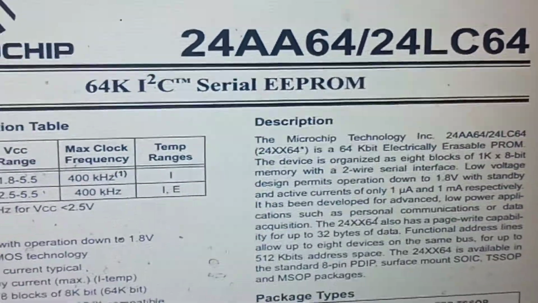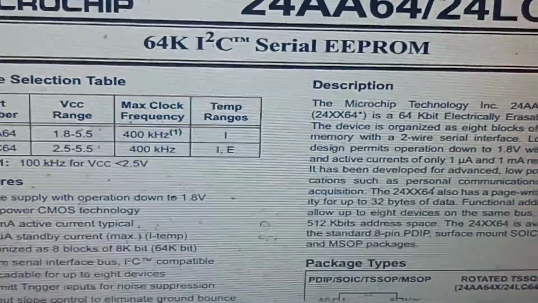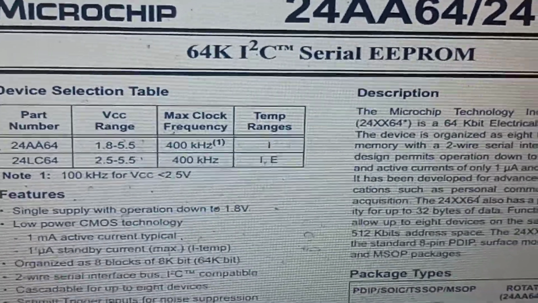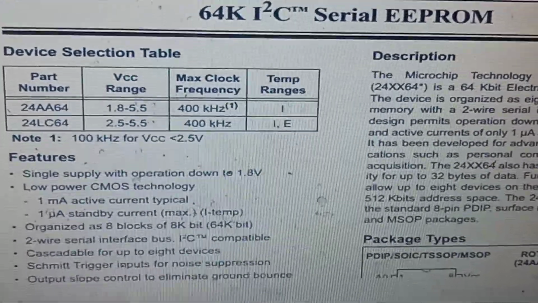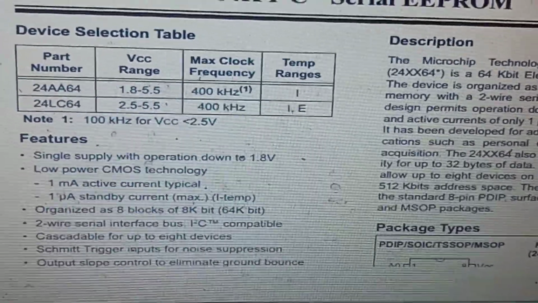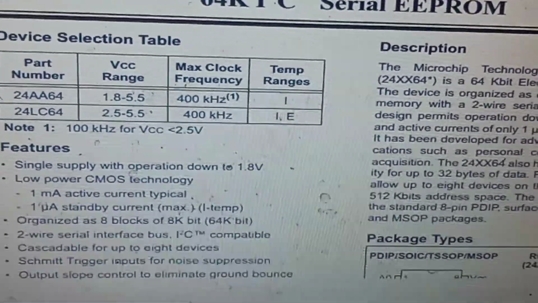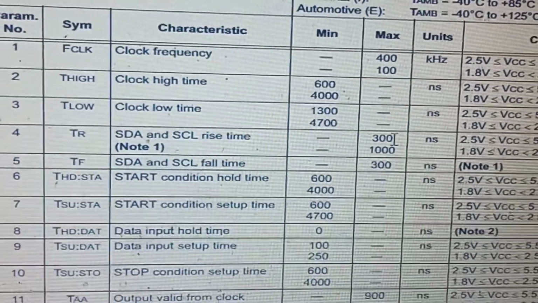I am taking this data sheet as the reference and finding all those values. For 1.8 to 5.5 volt, it is 400 kilohertz, the maximum working clock frequency. You can set 100 kilohertz if you need, or 400 kilohertz if you need.